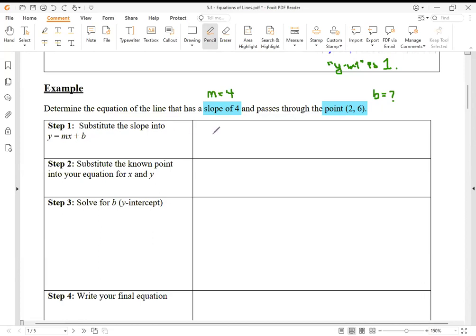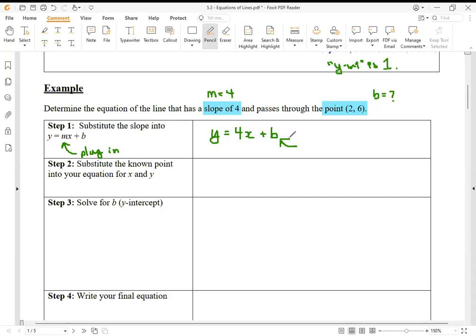Take your y = mx + b and plug in what you know for now. Any questions so far? I'm serious. No? Okay.